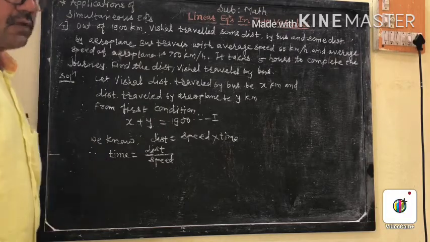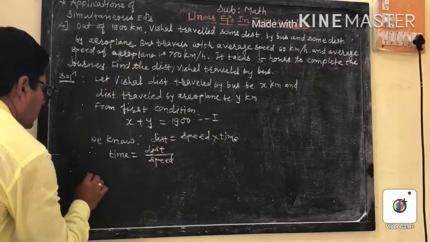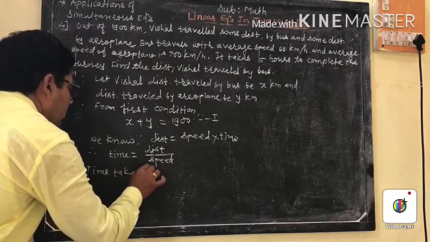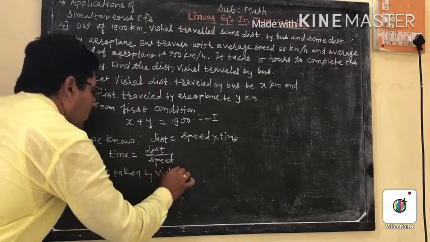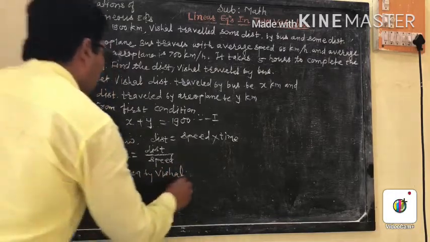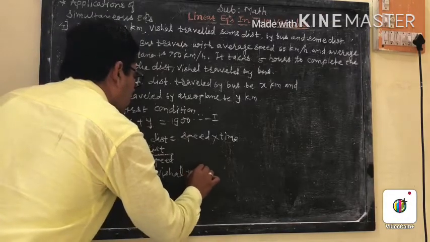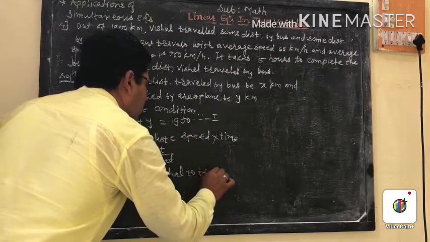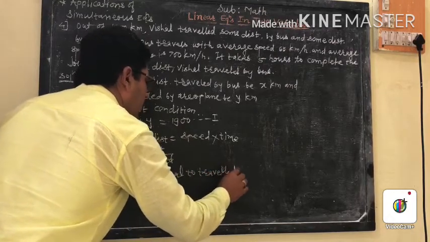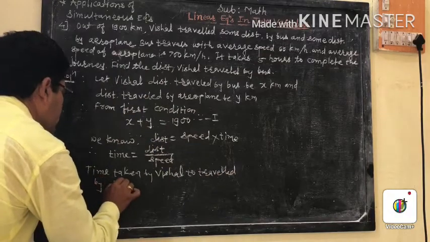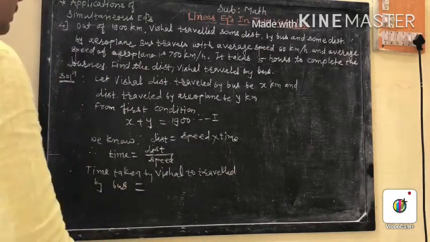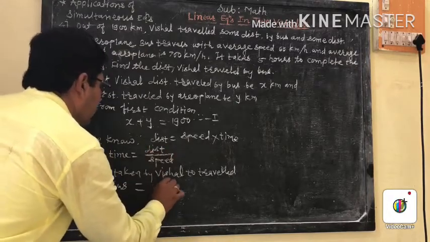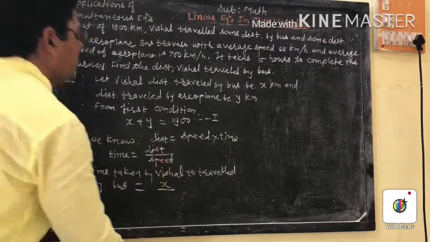Now the time taken by Vishal to travel by bus: he traveled by bus how many kilometers? x kilometer, and the average speed of the bus is 60.